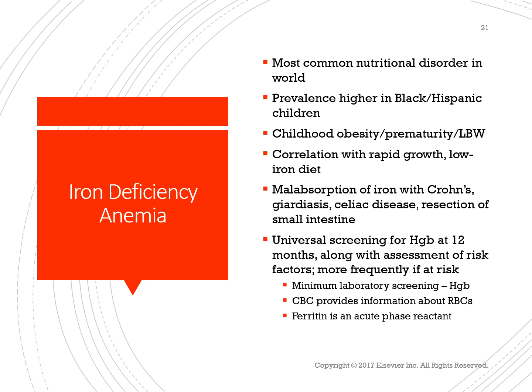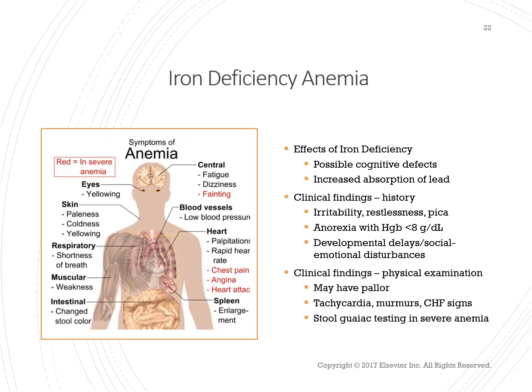The minimum laboratory screening for this should be your hemoglobin, but your CBC is going to provide information about your red blood cells, and then we would look at ferritin as an acute phase reactant. The effects of iron deficiency, we may see possible cognitive defects, increased absorption of lead.